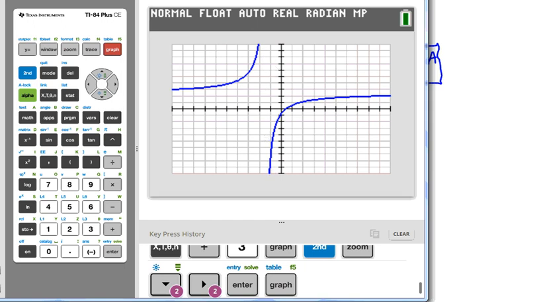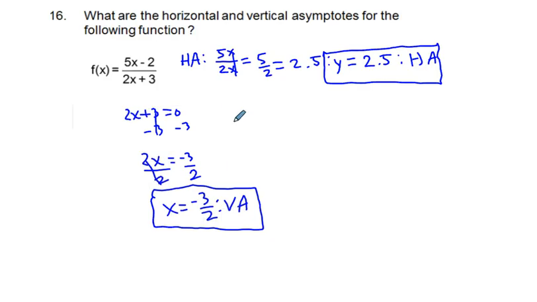We can do this thing where we take this 5x minus 2 and we can make this thing 1.